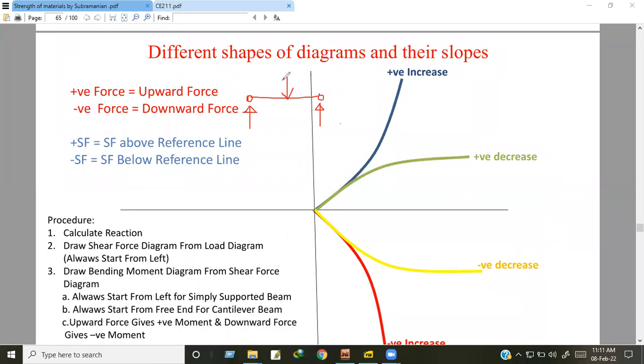This force will be carried by this support and this support, and this is a downward force, that's why this is negative force. Downward force is always negative force.